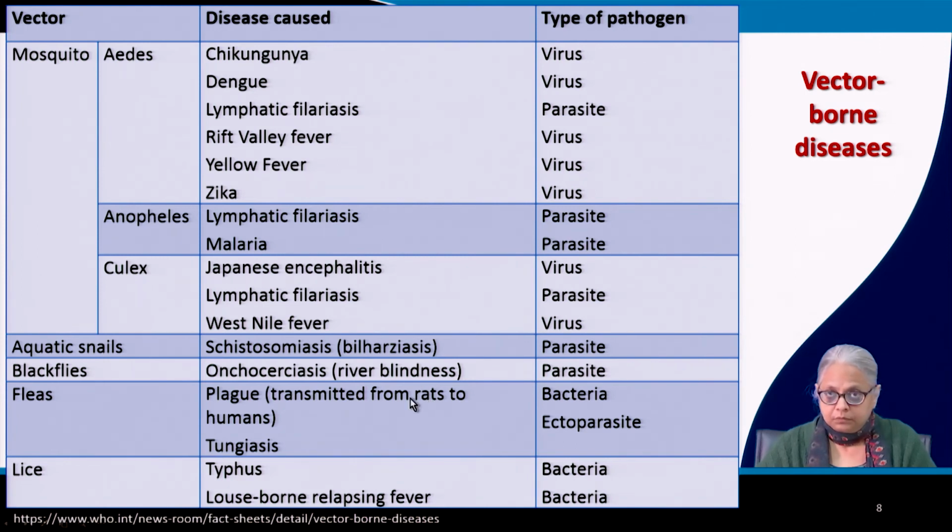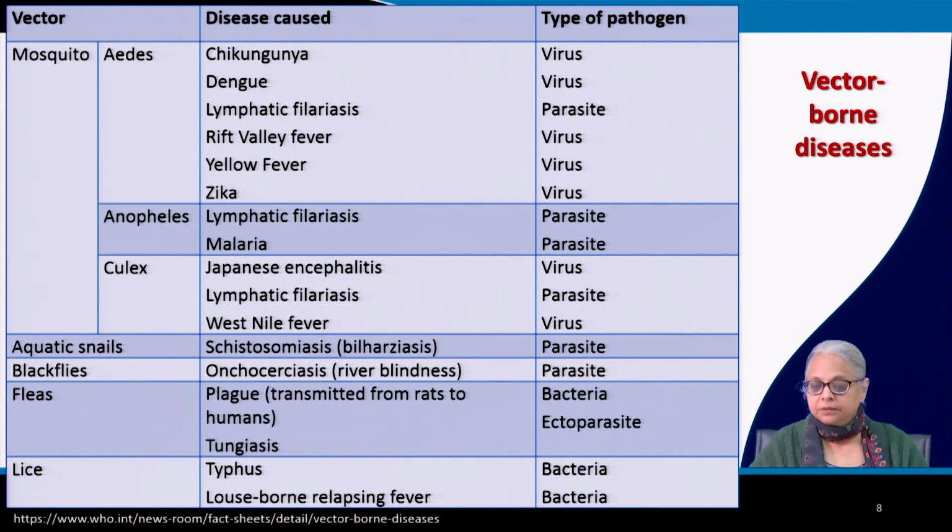The fleas that bite the rats, which may be carrying the bacteria called Yersinia pestis, will, when they bite a human being, transmit the bacteria from the rat to the human being. So that was the causative agent of the plague and so many other problems associated with that.